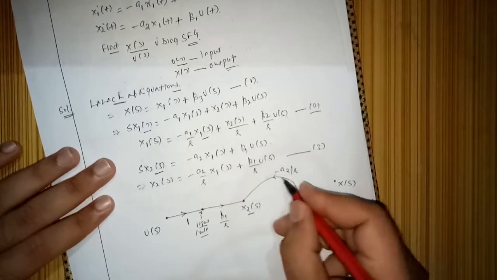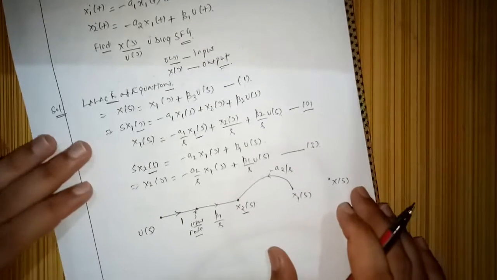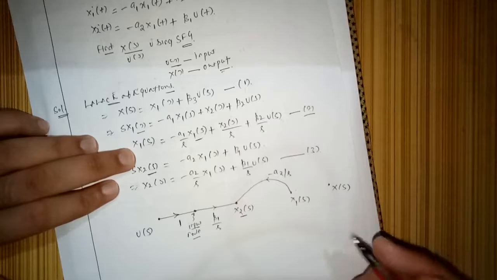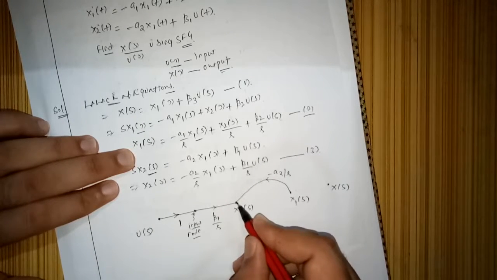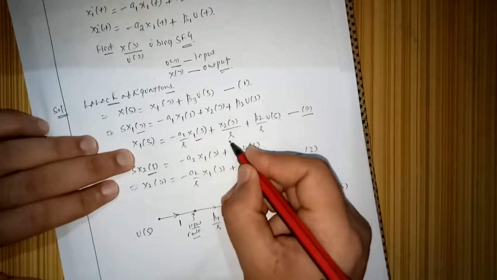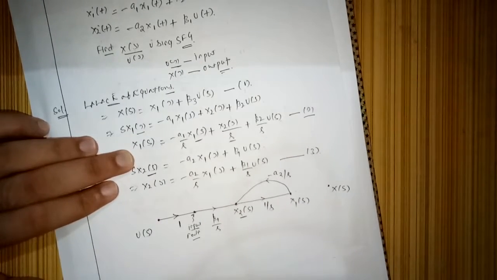This thing minus a2 by s into x1s, right? Now represent x1s. Now x2s is coming to x1s with gain 1 by s, right?